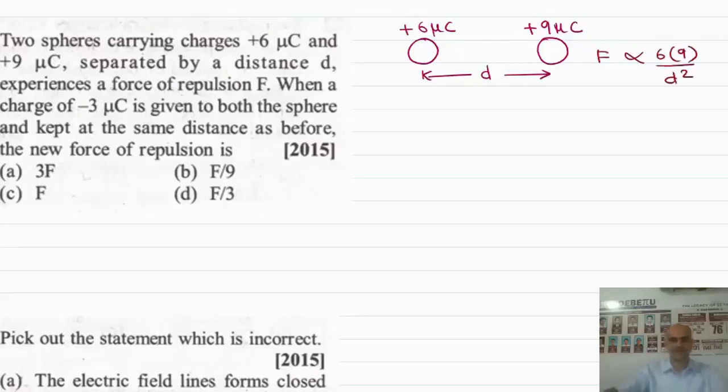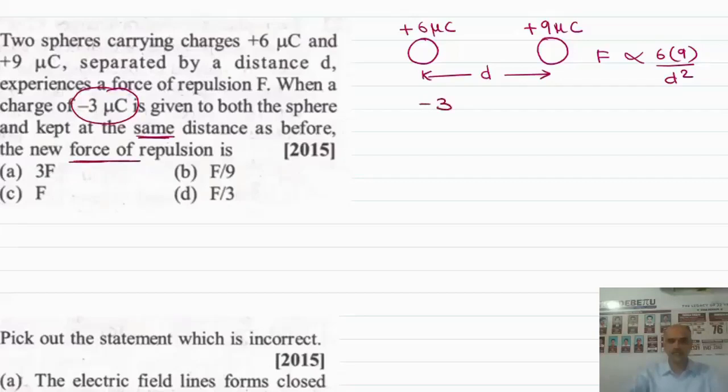This is the first case. When a charge of minus 3 microcoulomb is given to both these spheres and kept at the same distance as before, you are required to find the new force of repulsion.